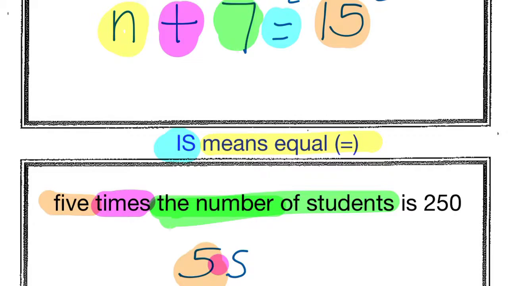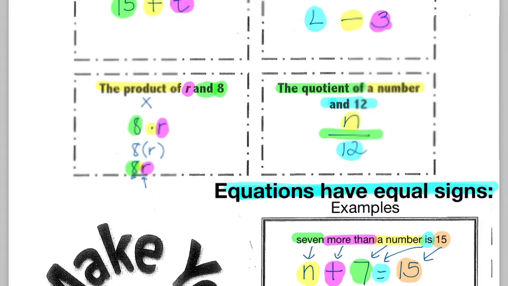That would be highlighted green. Is, and our final part of it, gotta get a new color here, blue, 215. Five times the number of students, we don't know how many, is 215. See how we cover everything with that?